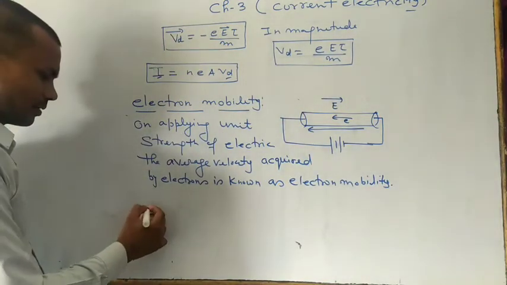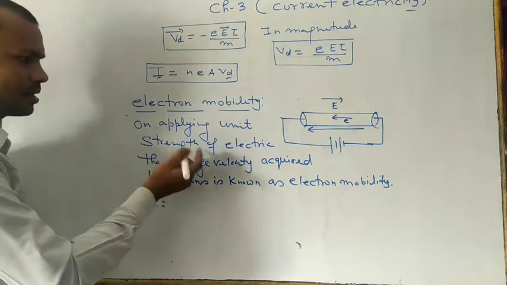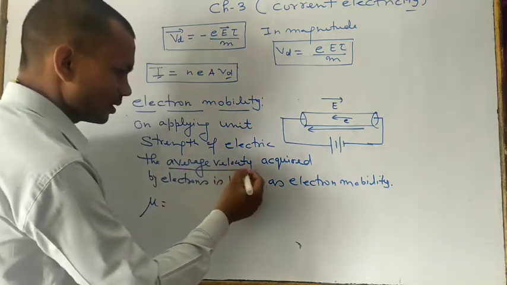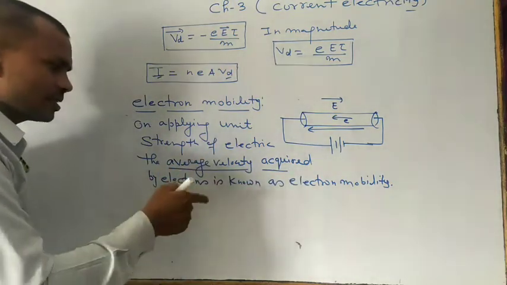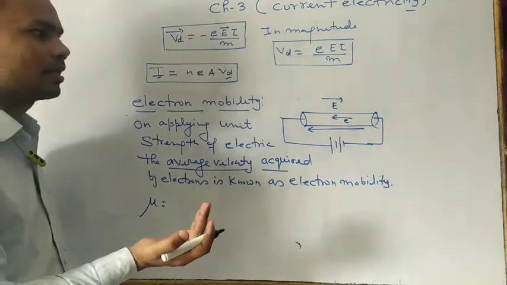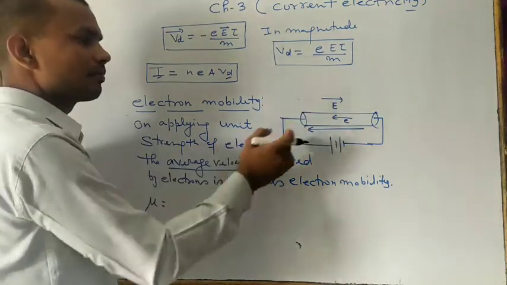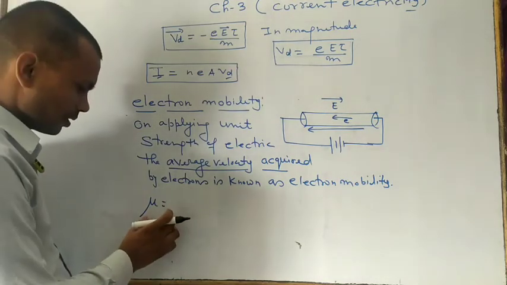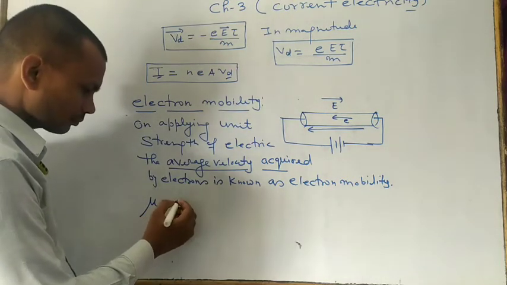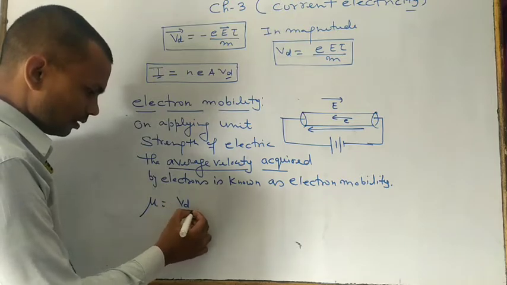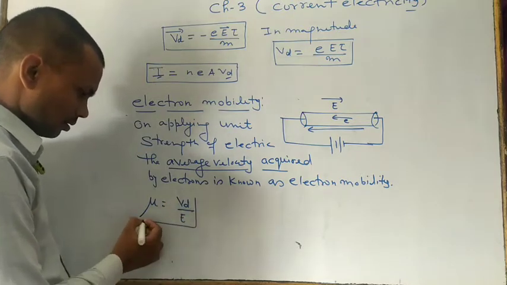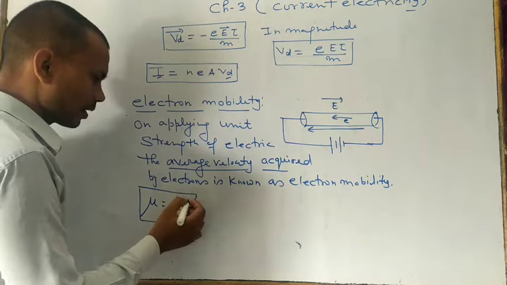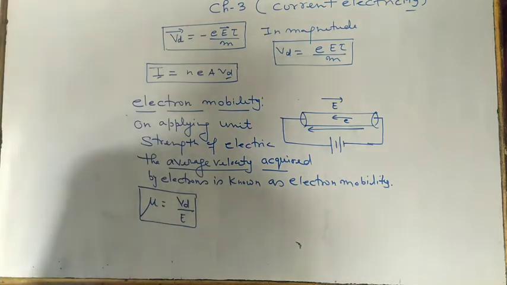It is represented by mu. This is the average velocity acquired by electrons on applying an external electric field, also known as drift velocity. So electron mobility mu is equal to Vd by E. This is the formula for calculating electron mobility.